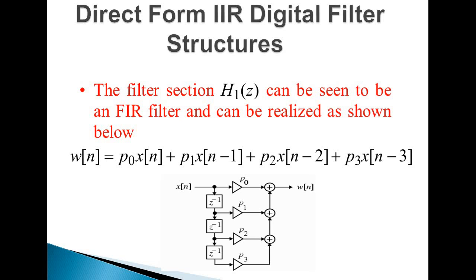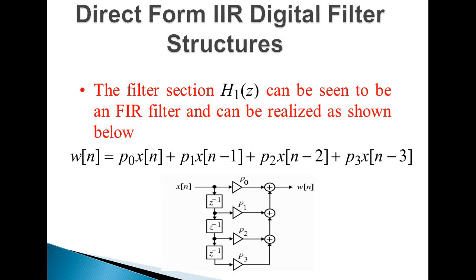So x(n minus 1) is going to be produced by the delay circuit, that is z raised to -1, the multiplier is shown as a triangle, and the adder is a circle with a summation inside. So x(n) multiplied by p0, you will get one term p0 into x(n), then x(n minus 1) you will get by substituting z raised to -1, then multiplied by p1, then add it.